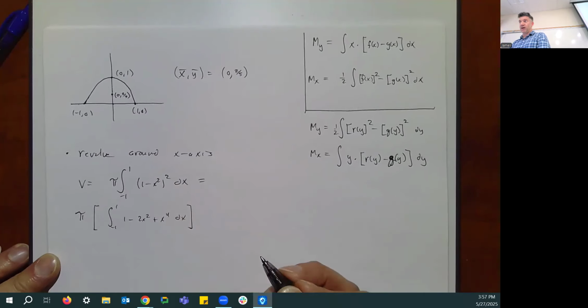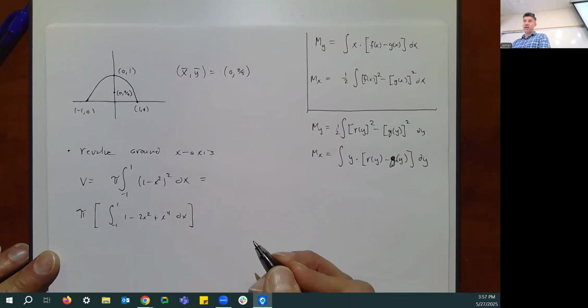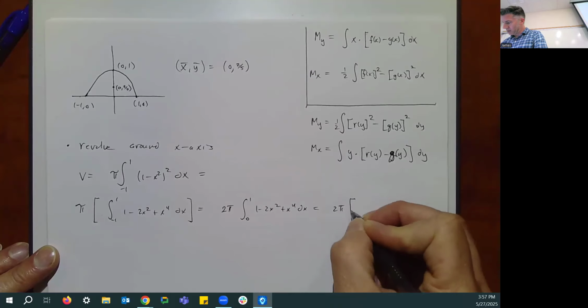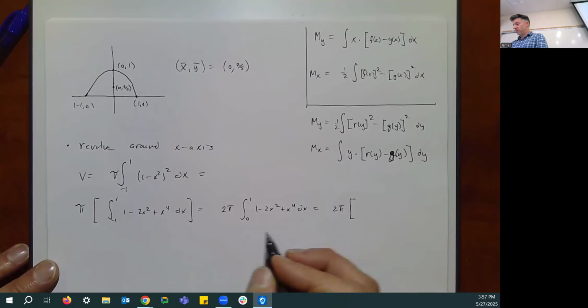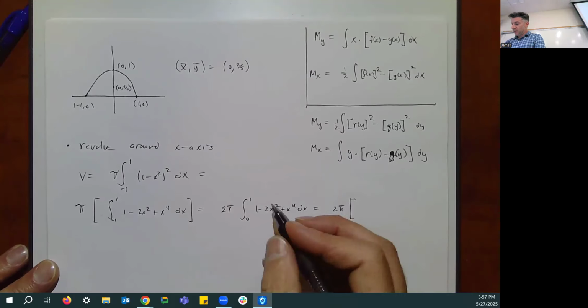Okay, I'm going to do the thing I've done every time with the even function here. That's going to be 2 pi times the integral from 0 to 1 of 1 minus 2x squared plus x to the 4th dx. All right, I'm going to skip this. I know that when I integrate this, it's going to be x minus 2x cubed over 3 plus x to the 5th over 5.